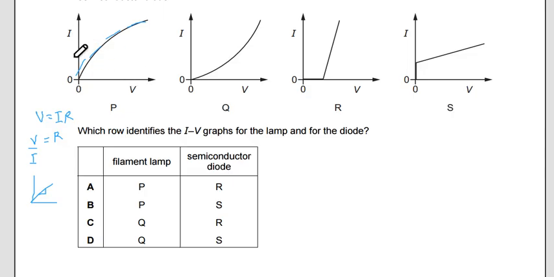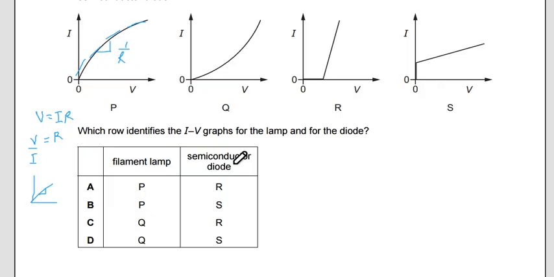In case we make I on the y-axis and V on the x-axis, the slope is 1 over R, okay? And as this slope decreases, R increases, and this goes along with our knowledge that increasing current increases temperature and increases opposition to electron flow, so increases resistance.